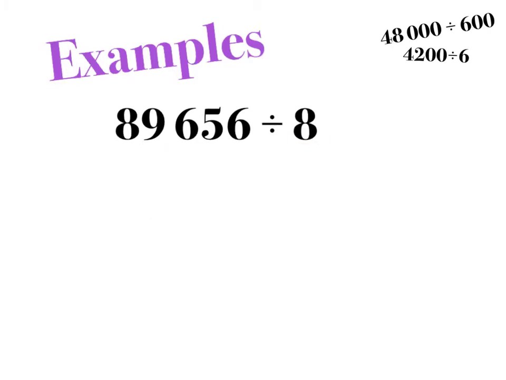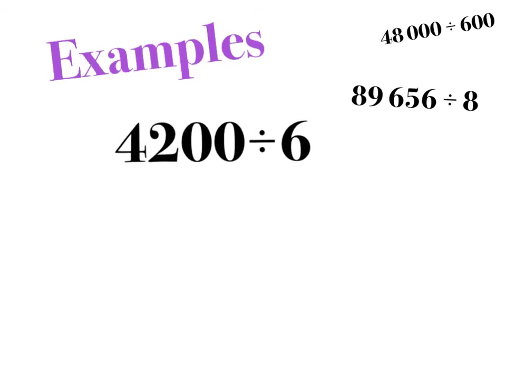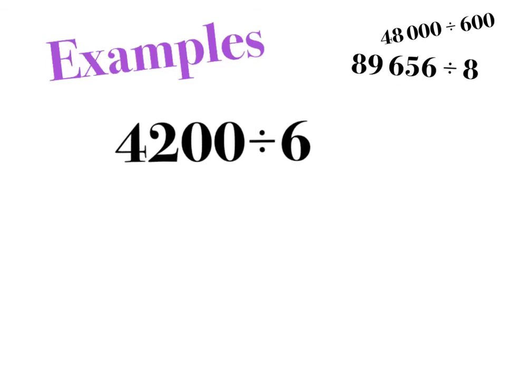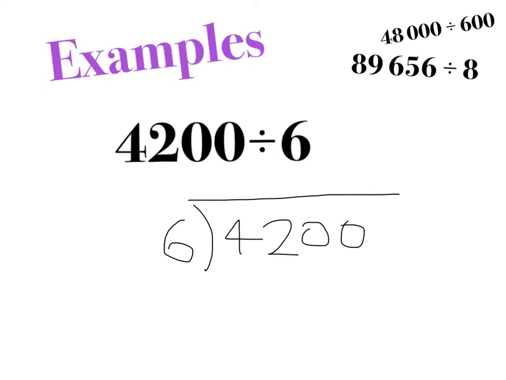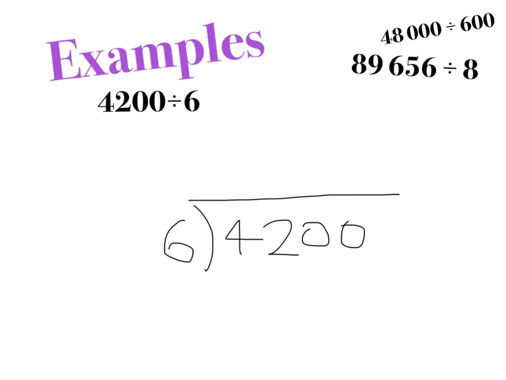Let's look at another example. Let's look at this one here. 4,200 divided by 6. Okay, get this silly 4,200 out of the way. How many times does 6 go into 4?